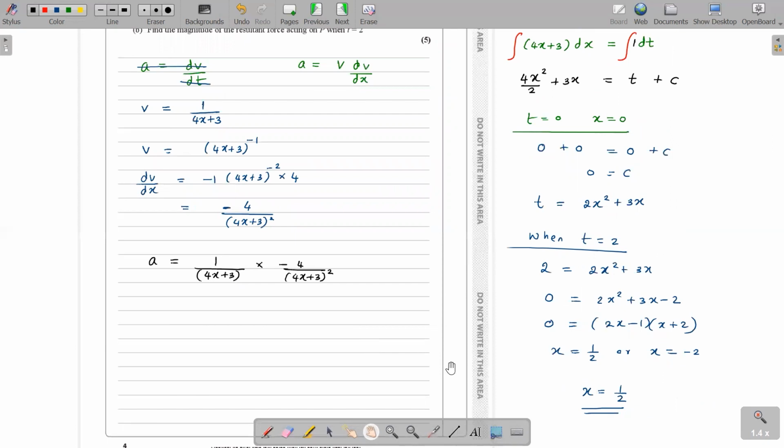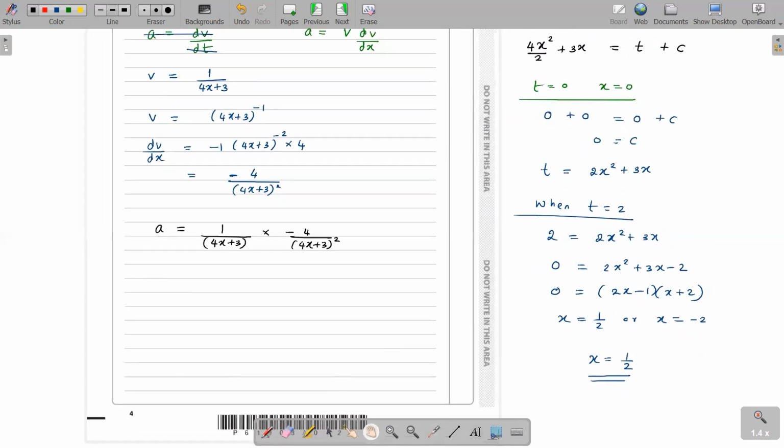When time is 2, what's our x value? Our x value is half, which we found earlier. So input the x value half. Minus 4 over 4x plus 3 to the power minus 1, and 4x plus 3 to the power 3, that is 4x plus 3 times 4x plus 3 squared.